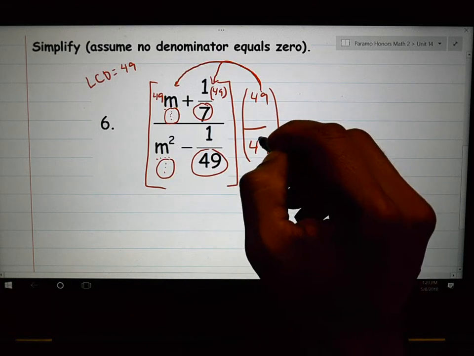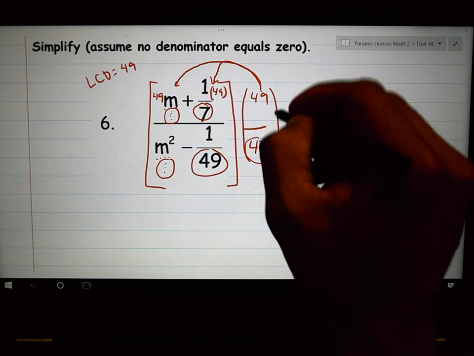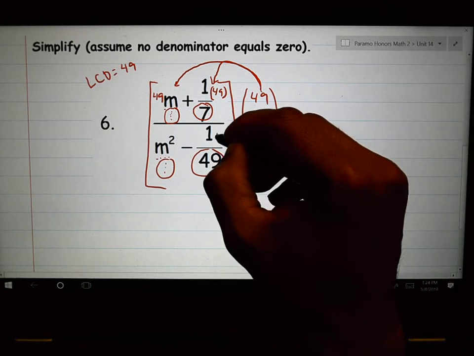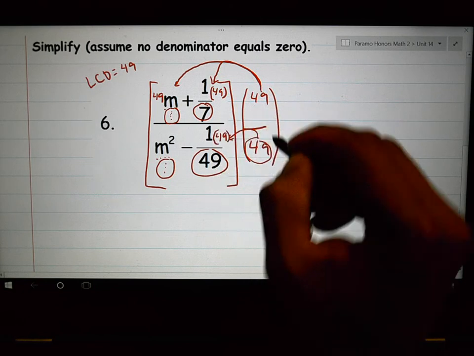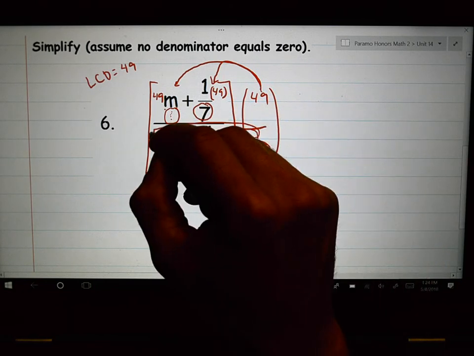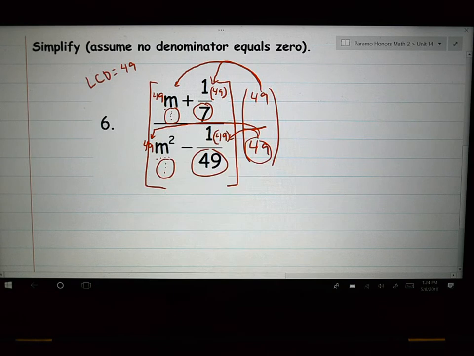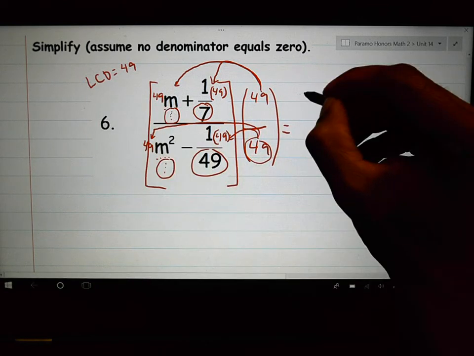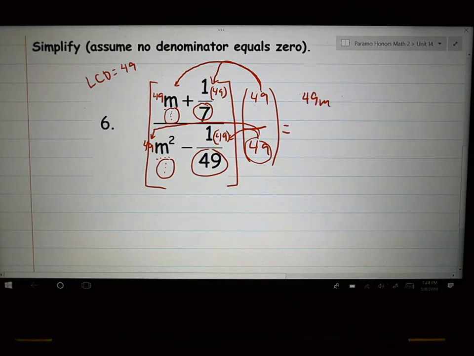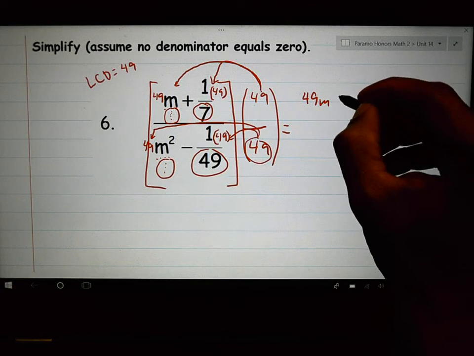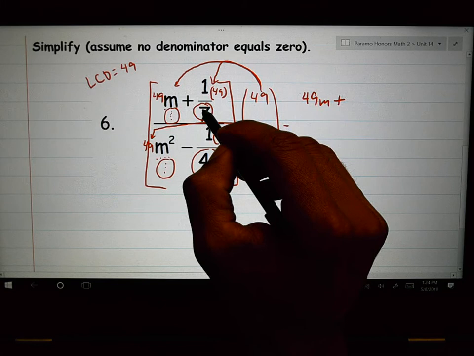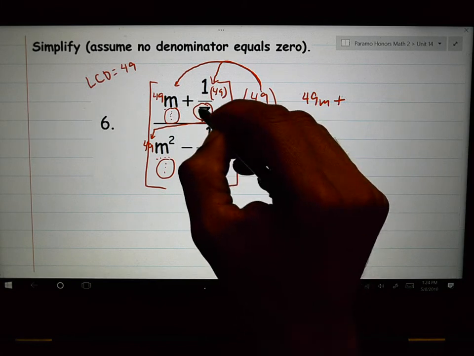Because we're doing it to the top and the bottom, this is going to distribute to the 49 right here. And the 49 is going to distribute over here as well. I'm going to put it in front. So let's just work out what this becomes. 49 times m is 49m. Plus 49 divided by 7, or 7 goes into the 49 we're multiplying by.